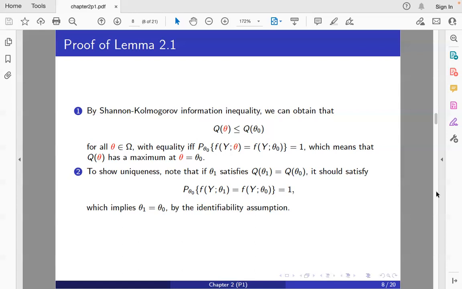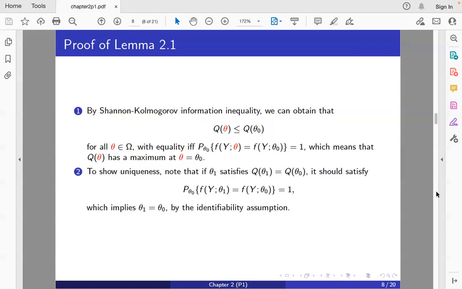What the lemma says is that the maximum is achieved at the true parameter, and also the maximum is unique. And you might wonder why it's such a big deal, why we spend so much time talking about the maximum of this.